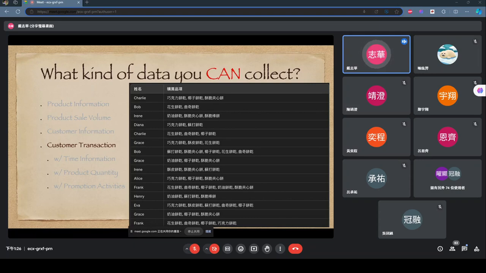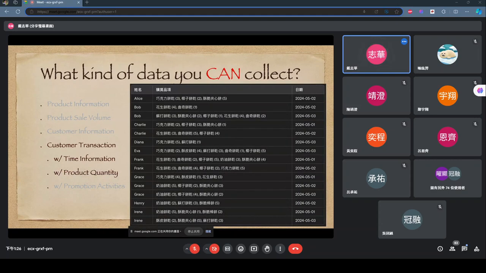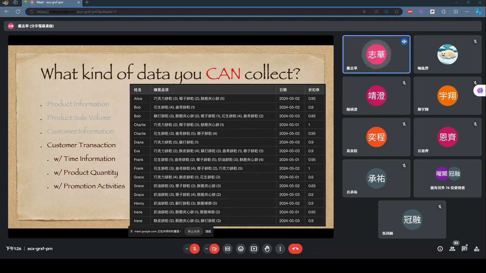So when we collect user behavior, we could also record the time step when the behavior happens, together with more details, like how many of a certain product were taken, and whether this purchase happened under a specific promotion activity.